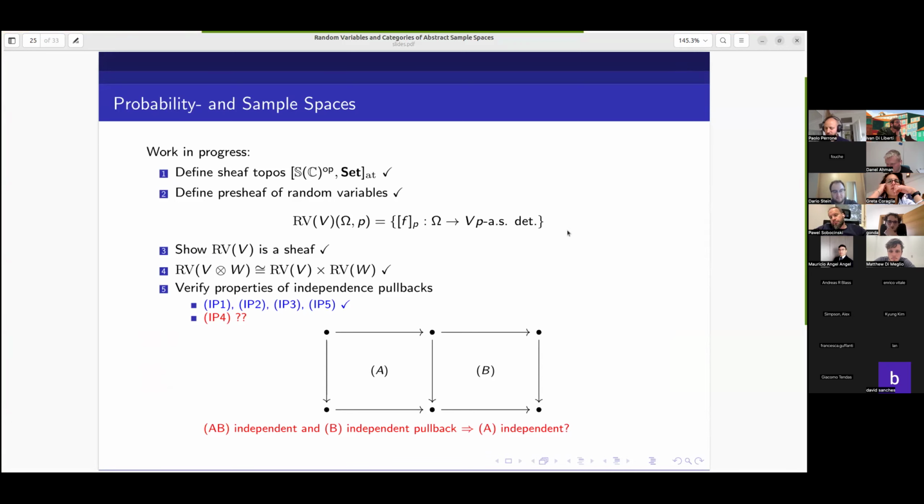They are the Cartesian morphisms. So they are part of a factorization system on your arrow category. Maybe if IP4 is true, it's for a similar reason, that you can find a way to factor every square in the arrow category with something followed by an independent pullback, or an independent square.